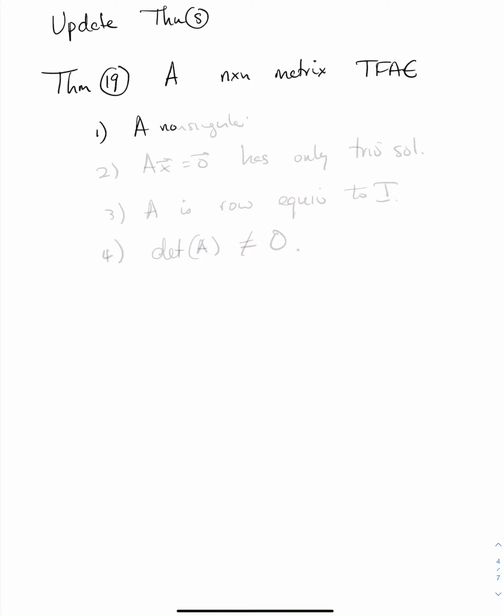A is non-singular. 2. AX is equal to the 0 vector has only the trivial solution. 3. A is row equivalent to the identity matrix. And 4. The determinant of A is non-zero.